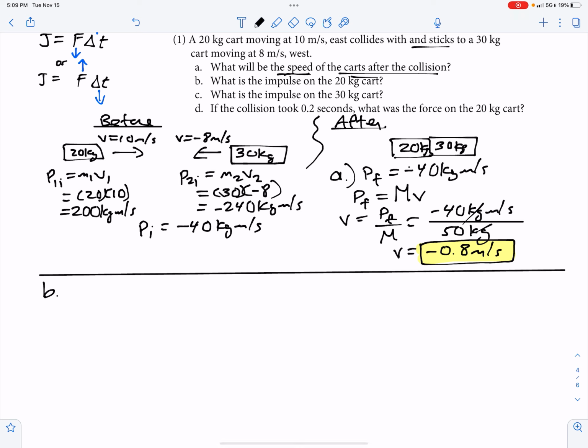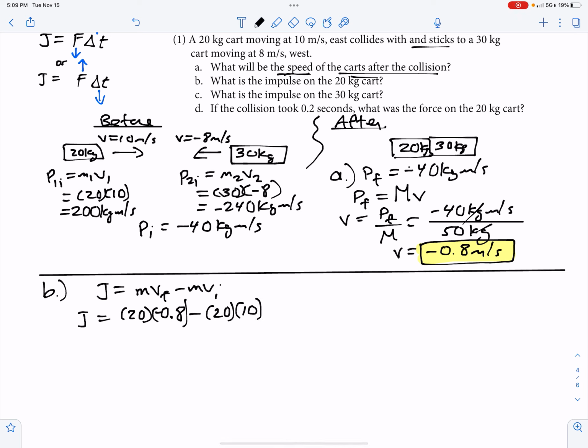Part B is looking for the impulse on the 20 kilogram cart. So the impulse is equal to essentially mv final minus mv initial. Okay, what is the 20 kilogram cart doing? Well, we have a mass, 20. Now V final is negative 0.8, so negative 0.8 minus, now we're going to go 20 again, times V initial.